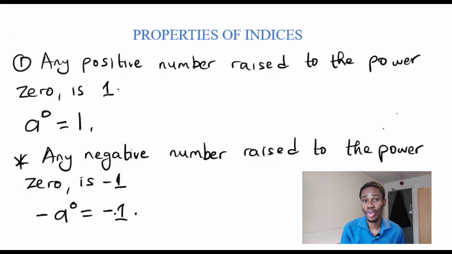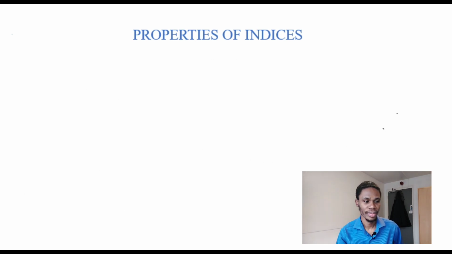Let's move on to property number 2. Property number 2 has to deal with the power of the product of two numbers. Let's establish some variables to explain this.